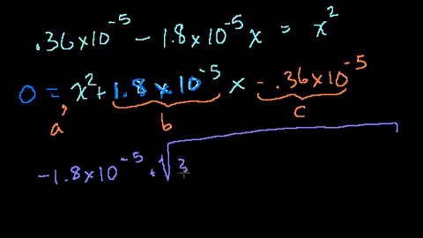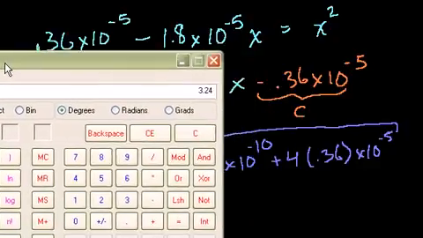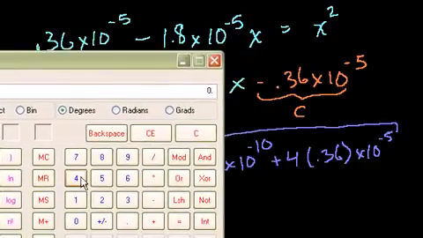So it's 3.24 times, if you square 10 to the minus 5, that's 10 to the minus 10, minus 4 times a, which is 1, times c, which is minus. So it's 4 times, the minuses cancel out, times 0.36 times 10 to the minus 5. 4 times 0.36 is equal to 1.44.